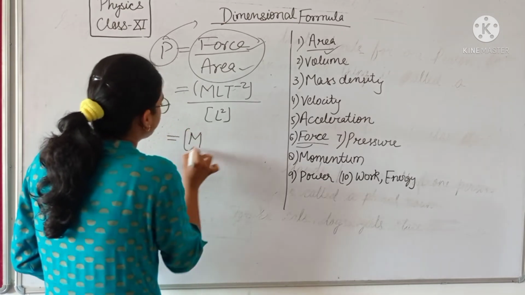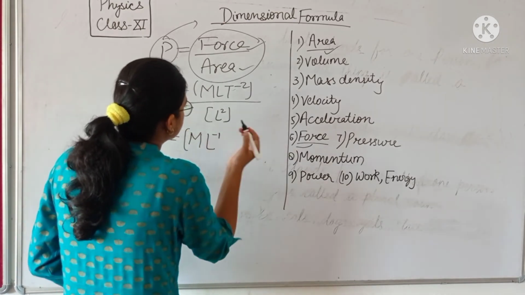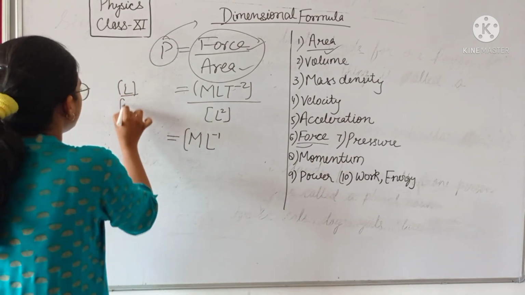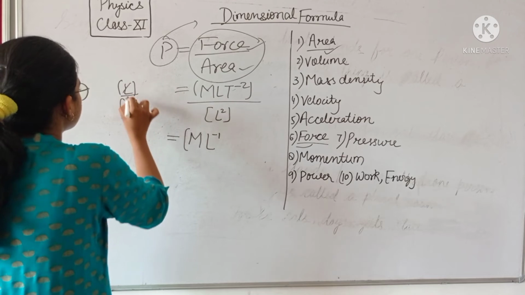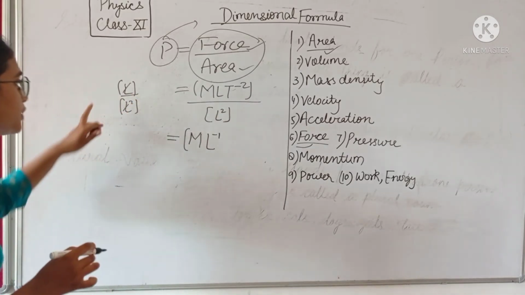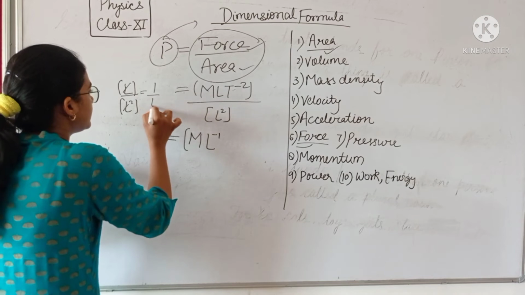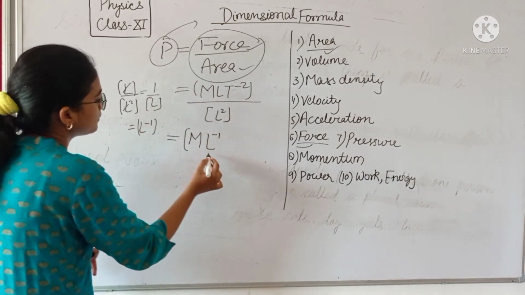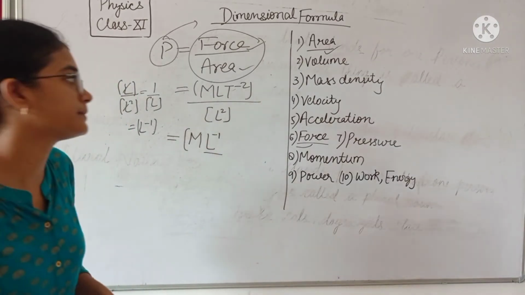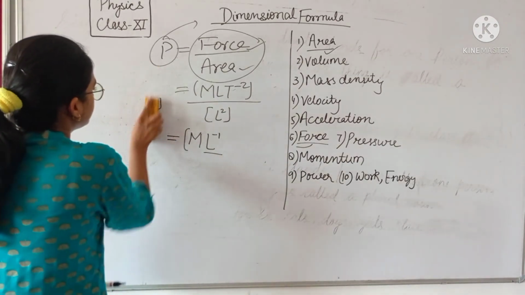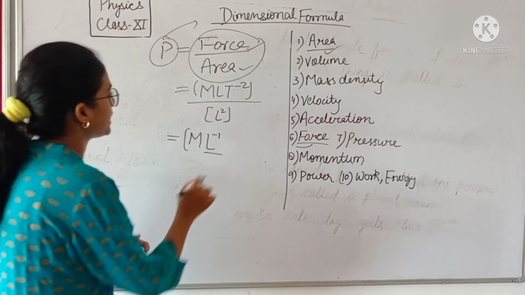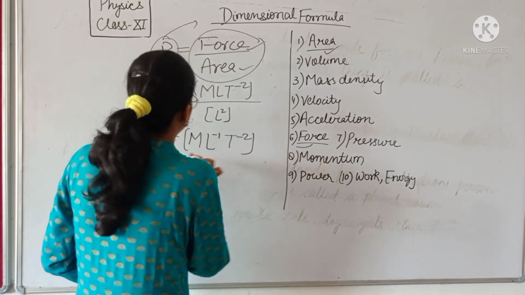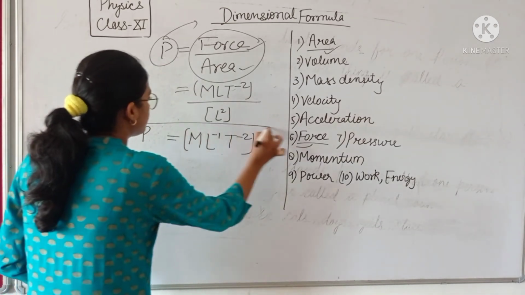So M L to the power minus 1. How did minus 1 come? One L is here and two L is here, so we can cancel one L and we get 1 upon L. This is L to the power minus 1. So M L to the power minus 1 T to the power minus 2. This is for pressure.